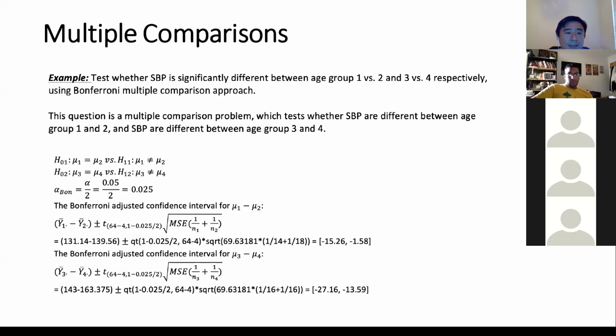As I said, this is for testing a specified number of comparisons, not an exhaustive number of pairwise comparisons, and it's very good for testing a specified comparison.